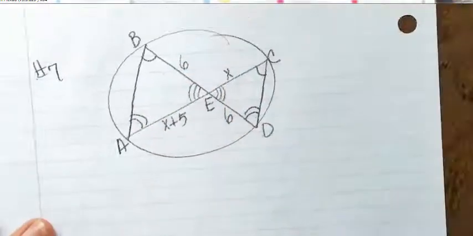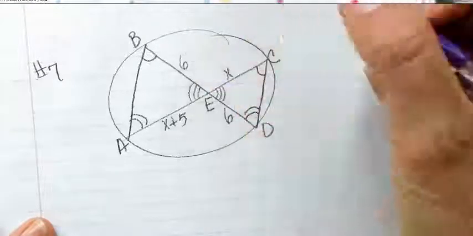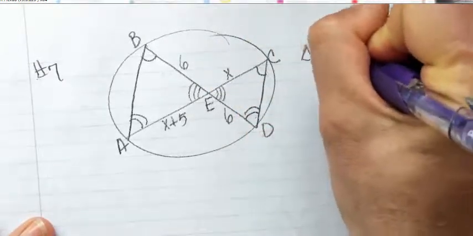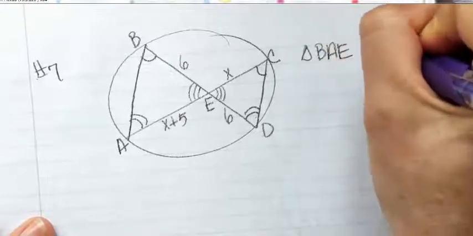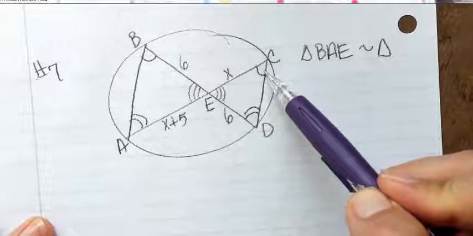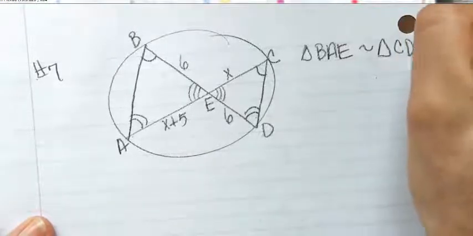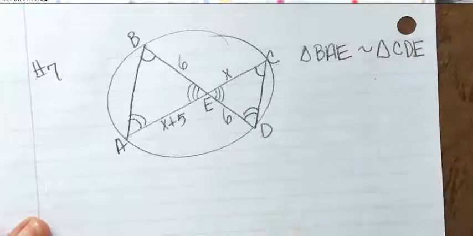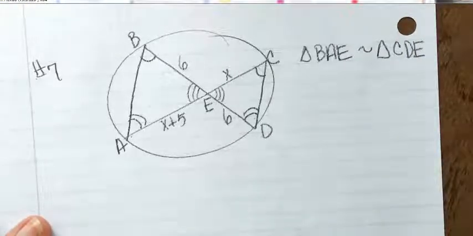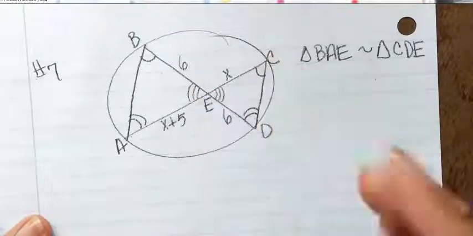Now, to help me set up everything, I'm going to write out a similarity statement so that I make sure I have things in the right order. So I know, for example, that triangle BAE will be similar to triangle CDE, because B corresponds with C, A corresponds with D. Basically what I want to find here is the length of EC, which is what my x is.